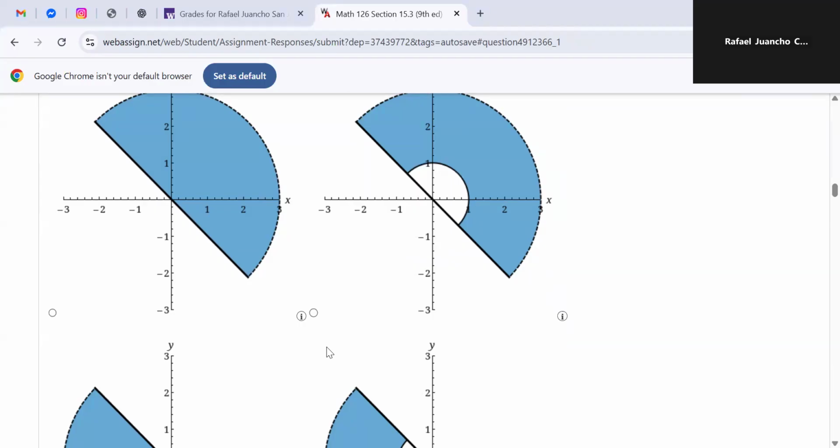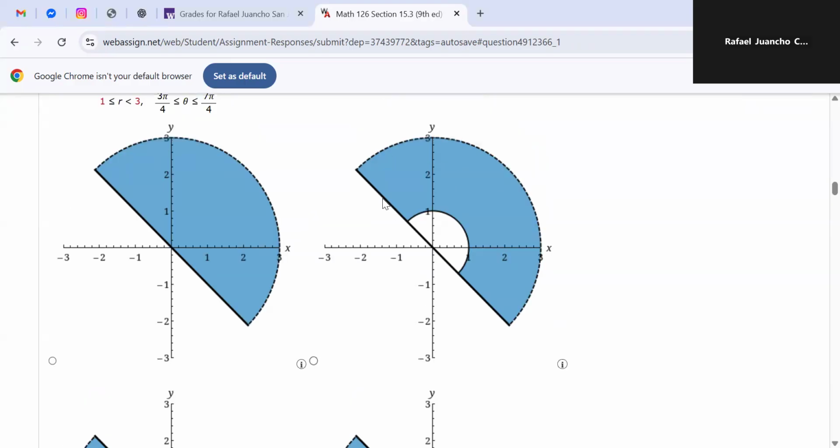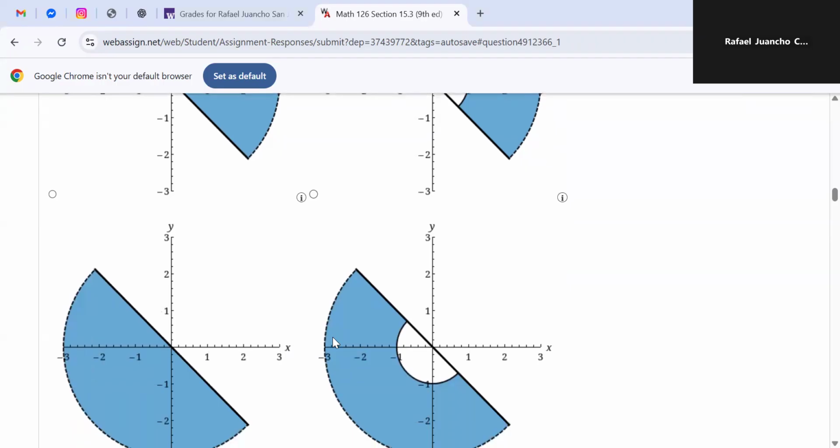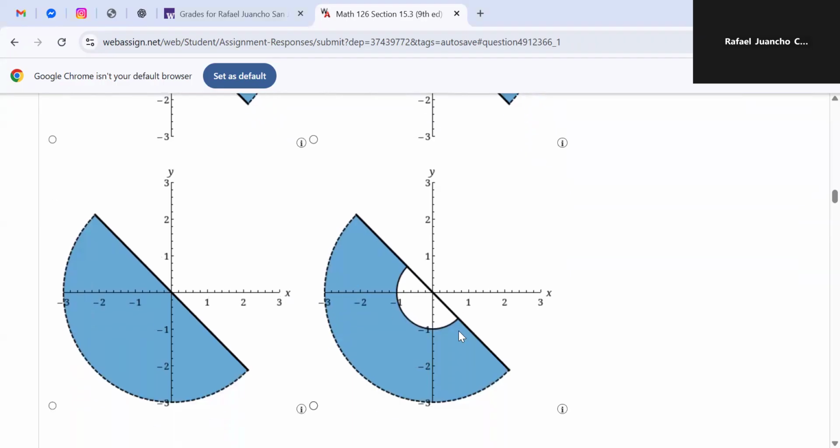Whoa, 315. Yeah, 315 degrees. So it goes from 135 to 315. So here to here. So I'd say this is the answer.